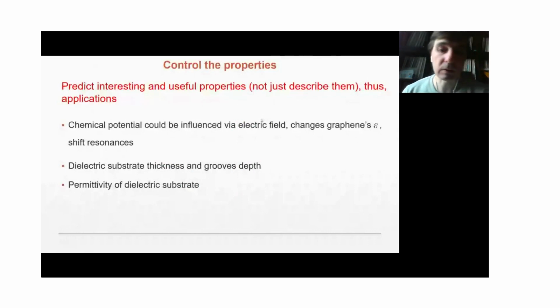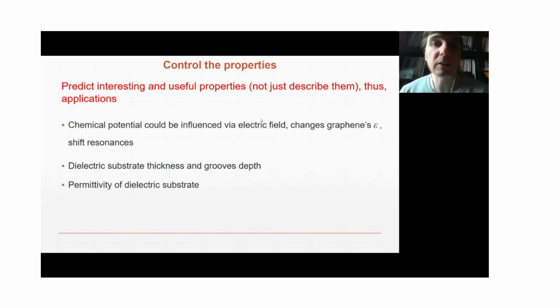So when one has a full picture of the properties of the structure and how these properties behave with changing parameters, one can not only describe these properties, but it's possible to make guesses about what is going to happen for this or that set of parameters.